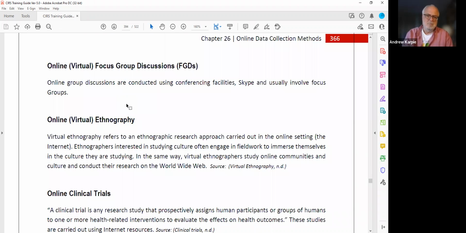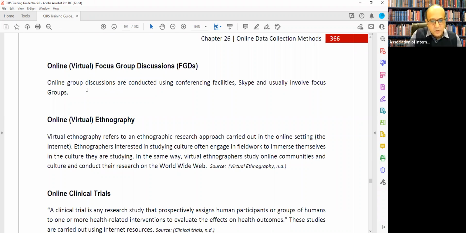I would like to now look at online virtual focus groups. So we've got virtual ethnography, which is when you are actually experiencing something within the culture, or if it is a social sciences related assignment you have, or the research you're doing is going to take time, and it's going to involve an experience or physically being there.